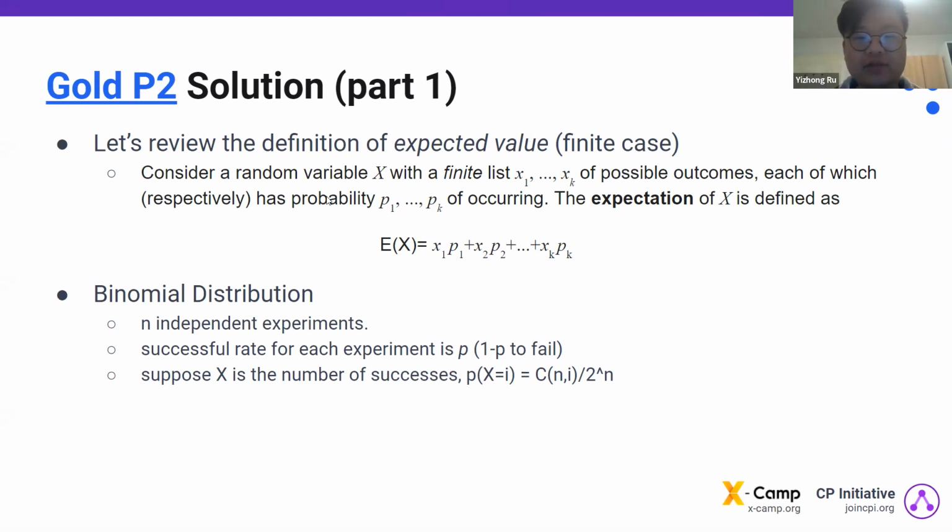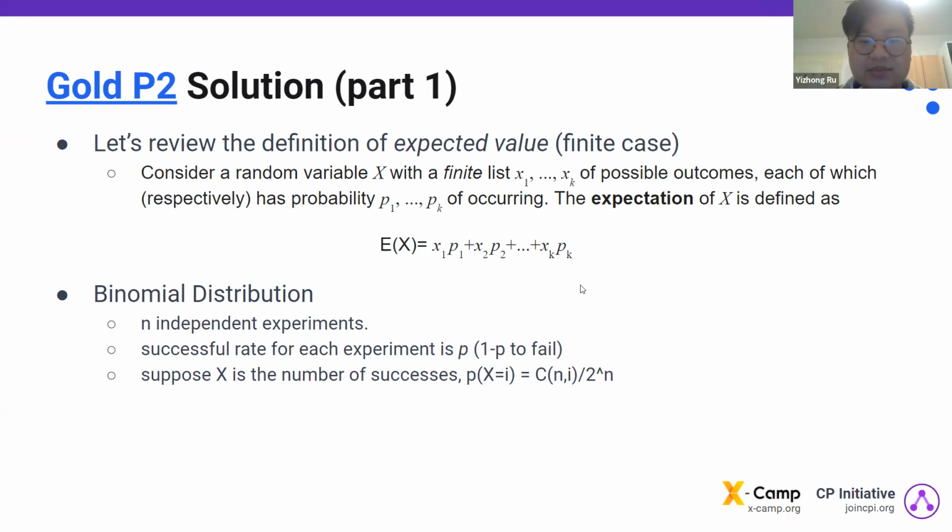We consider a random variable x with a finite value list. Then we define the expectation of x as x1 p1 plus x2 p2 plus and so on plus xk pk. That is the expectation of x.